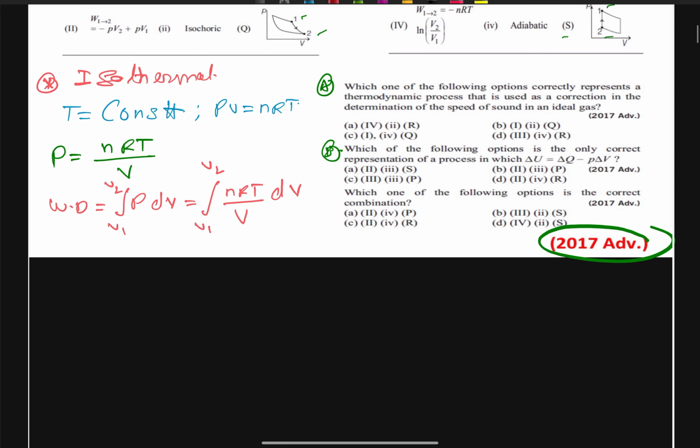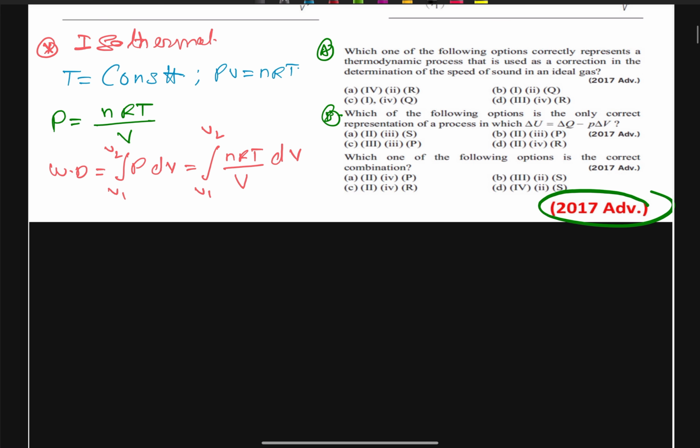Therefore we can take nRT as constant outside the integration because it is constant, and we get dV upon V, so its integration will be equal to natural log of V, from V1 to V2. So we get from here nRT times natural log of V2 divided by V1.